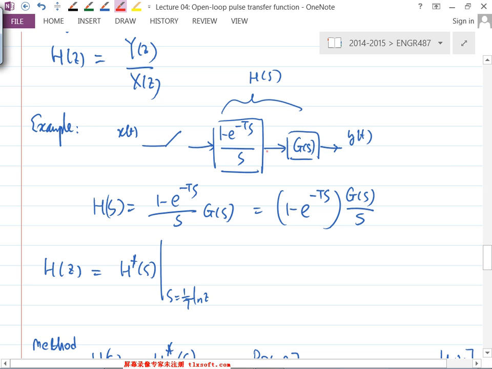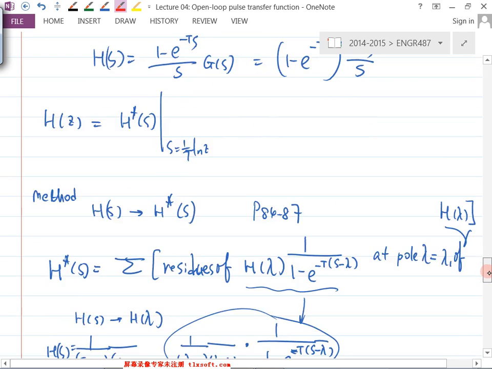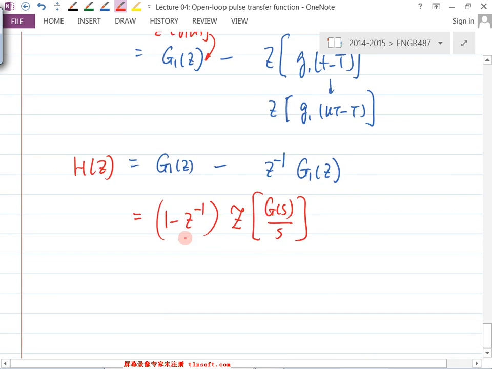The pulse transfer function for this whole expression ends up as 1 minus z to the power -1 times z of g of s over s. So you don't need to rewrite everything anymore. All you need to remember is that this is the final formula.